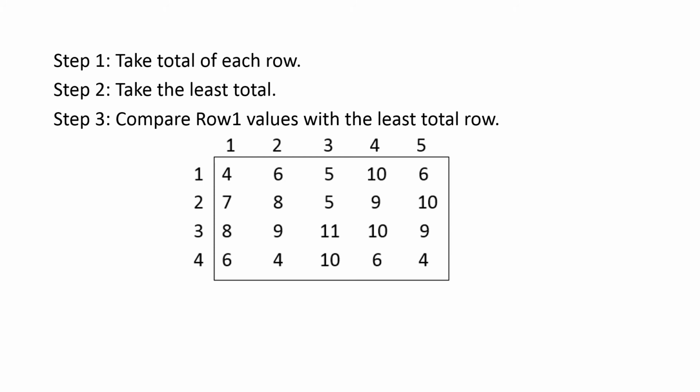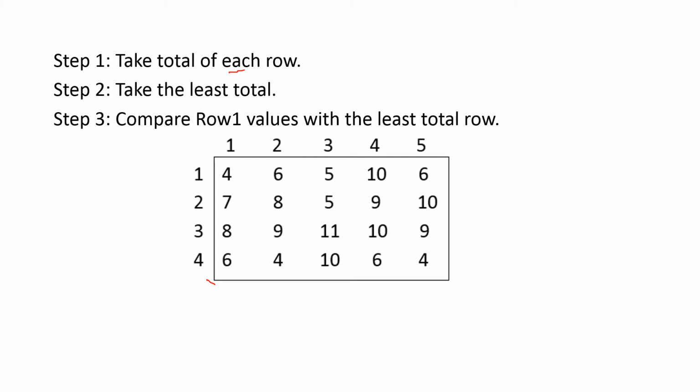Now we are going for the solution using the principle of dominance. We know that using the normal method we got the value of the game as 8. Now we are finding the solution using the dominance method. The first step is to take the total of each row.